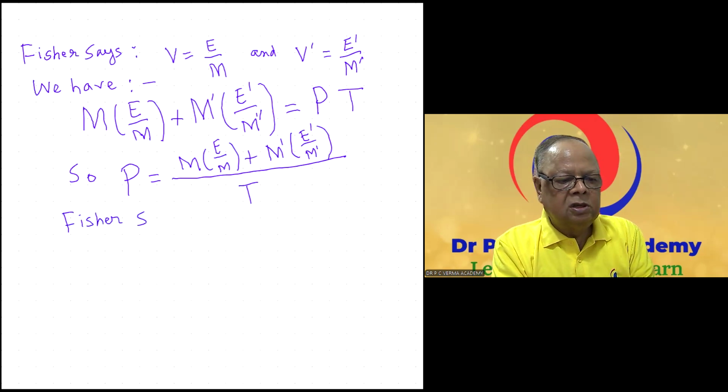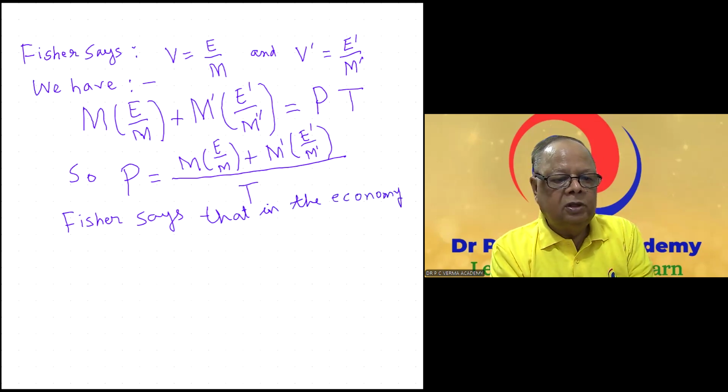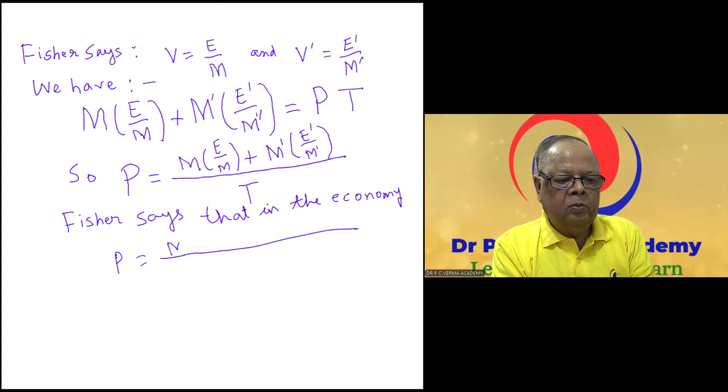Fisher says that in the economy, P is equal to M by E by M plus M dash E dash by M dash by T. Is M cancelled?